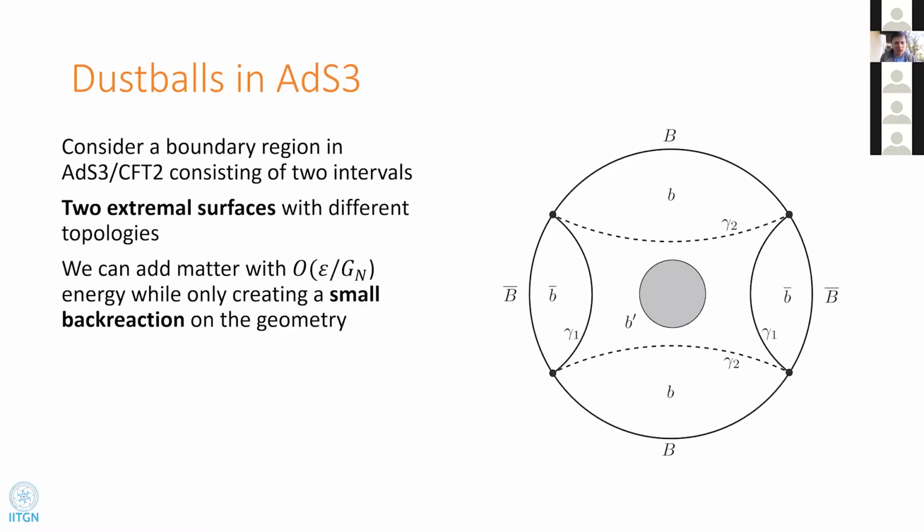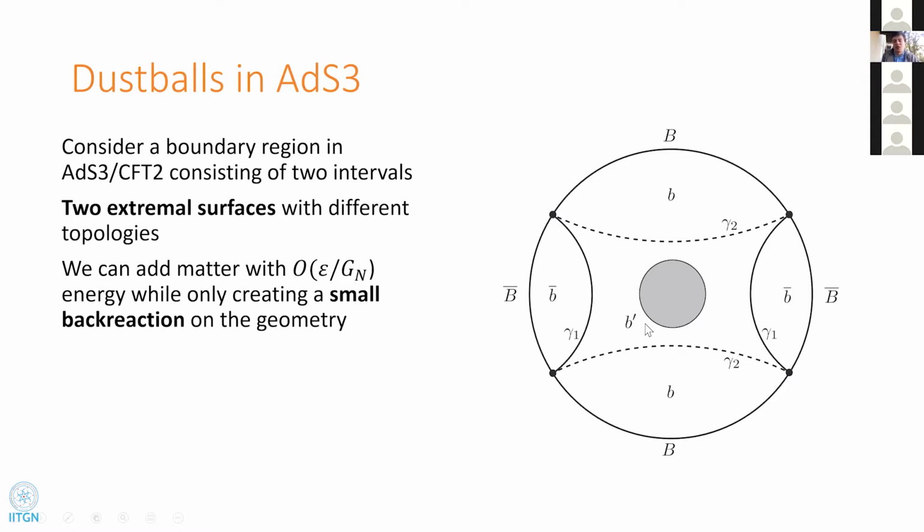And what we can then do is add some matter. This blob sitting in the middle should be thought of as matter. The energy density of this matter is going to be order epsilon over G Newton, where epsilon is a small but order 1 number. Then we work in the semi-classical limit where G Newton is very small.